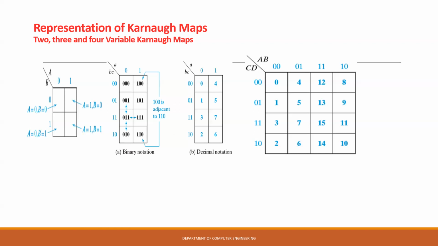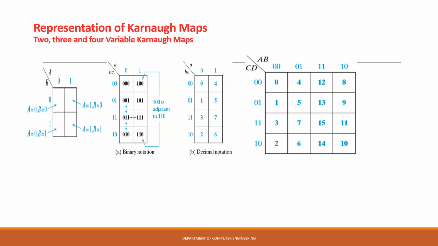That's why use the normal practice while representing the cells as 0, 1, 3, 2, 4, 5, 7, 6. Means these 2 columns are reserved or marked for 8 cells or 8 decimal numbers like 0, 1, 3, 2, 4, 5, 7, 6. This is 3 variable K-map.